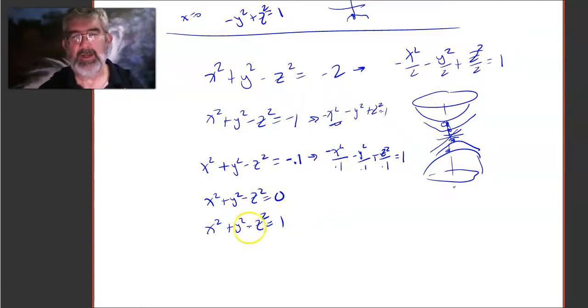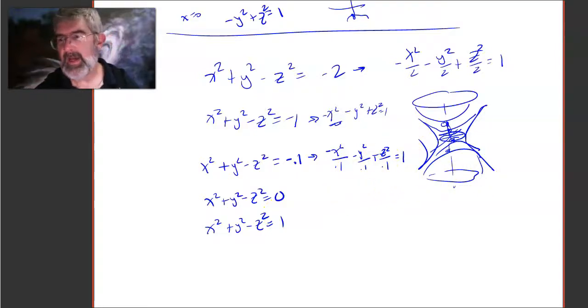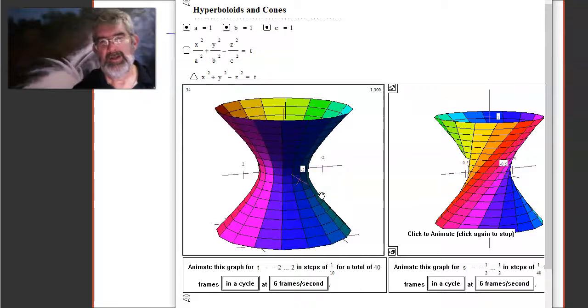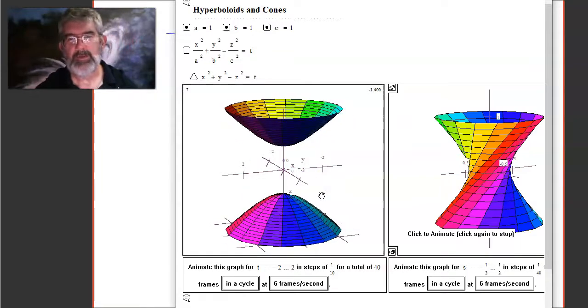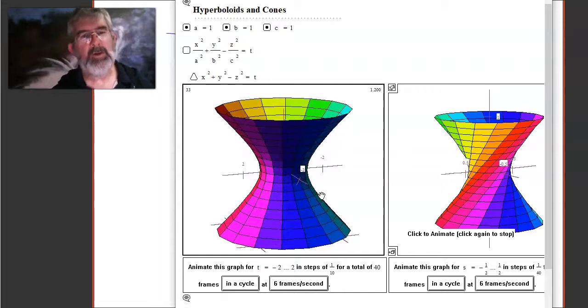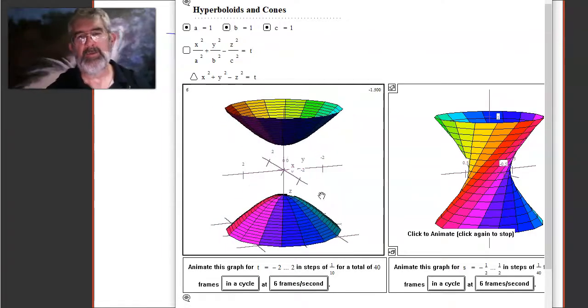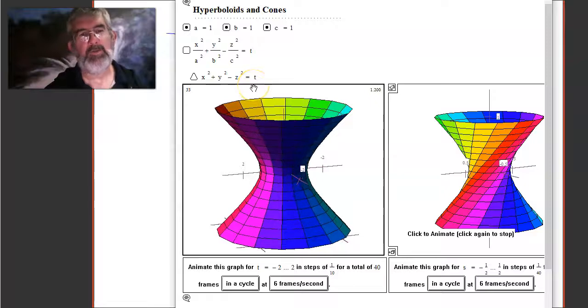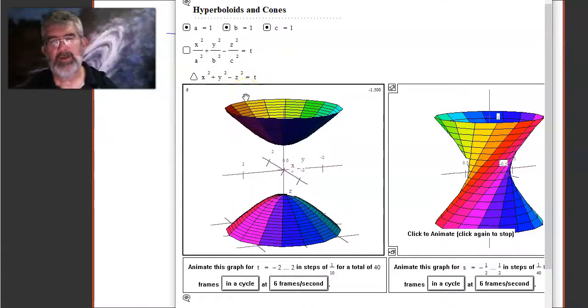The intersection with the xy plane is now a circle, and the hyperboloid opens this way as 1 sheet. That's what that animation is showing. This is where it's up to +2. So negative values of t, dividing so that it looks like 2 sheets, you get to 0 in there where it's a cone. And then with plus signs for t, it's a hyperboloid of 1 sheet. Shows a nice transition.